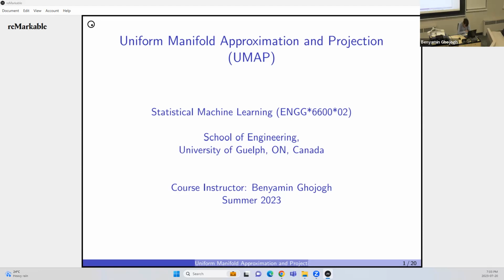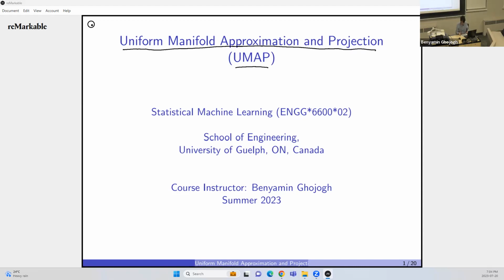So here I'm going to talk about uniform manifold approximation and projection, or UMAP in short. So what is that? It's one of the state-of-the-art methods for data visualization. We talked about TSNE, which was a data visualization method.